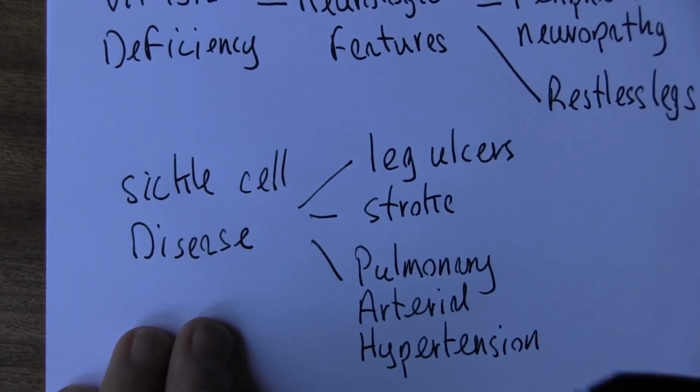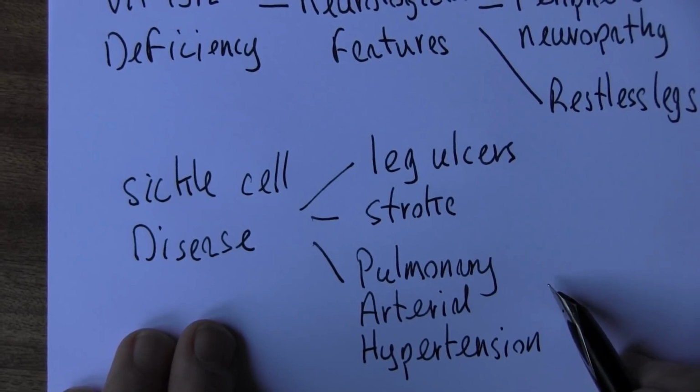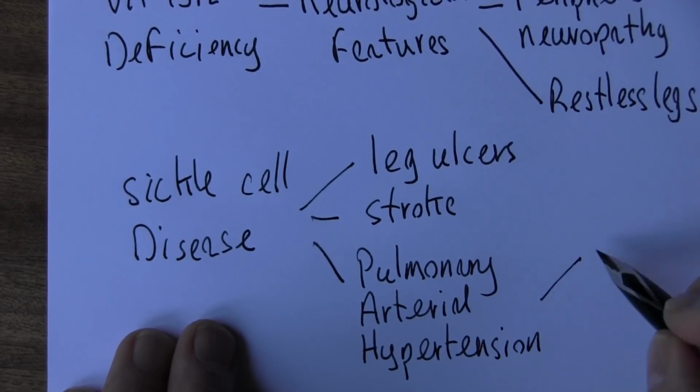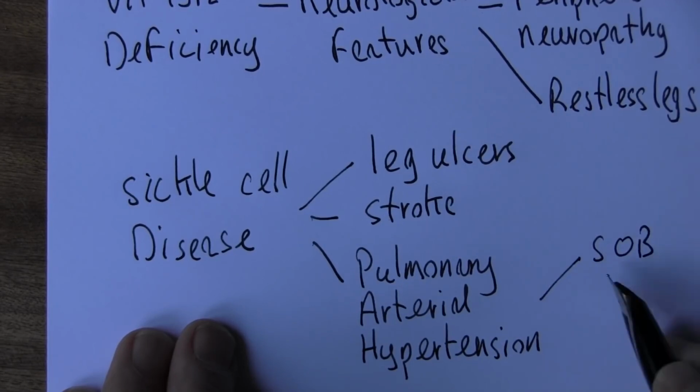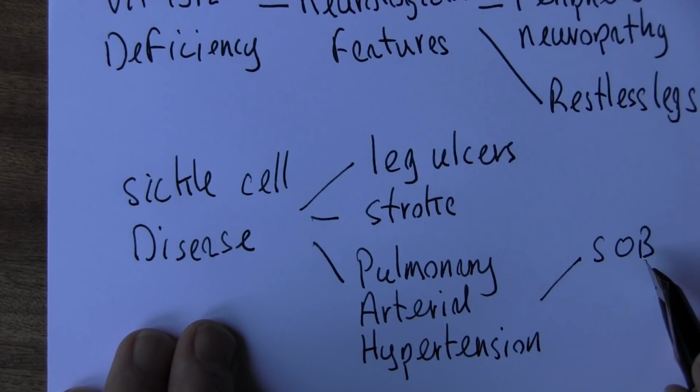And this can cause features such as, I won't write them all down, but shortness of breath. Starts with shortness of breath on exertion, then becomes shortness of breath even at rest.